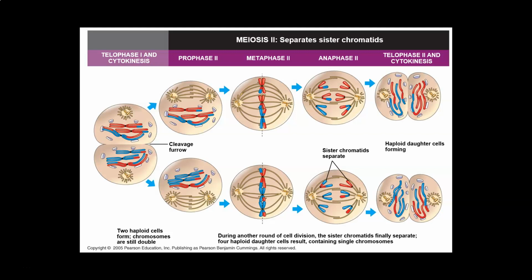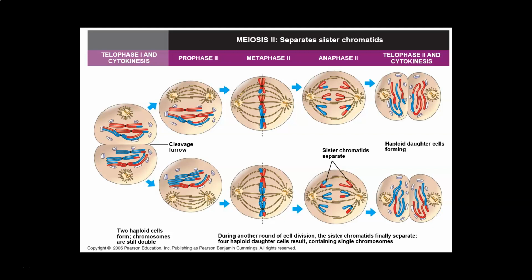So notice, look carefully, they each have 3 chromosomes in them, and neither one has homologous chromosomes in it anymore. Okay, now even though these chromosomes are in the duplicated form, you call these cells haploid cells. See how down at the bottom it says haploid? So they're haploid. You don't count sister chromatids, you count unique chromosomes. So each one has 3 chromosomes. It's haploid.